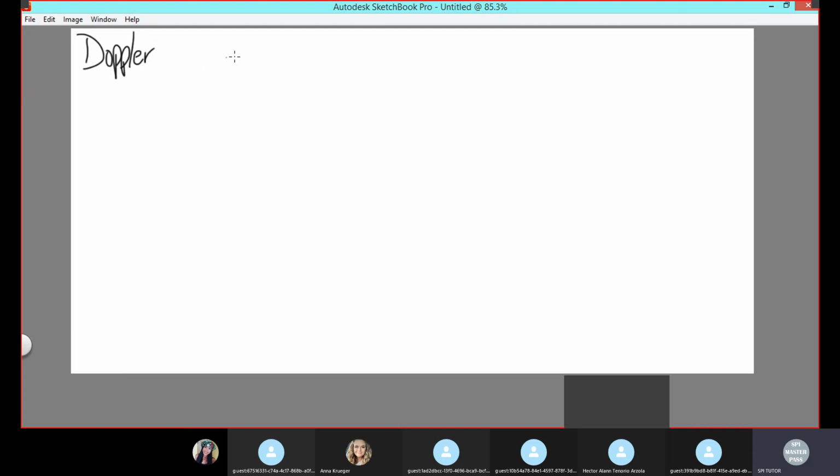So for Doppler, you have something called the Doppler shift or the Doppler frequency. They both mean the same thing. The reason it can also be called Doppler frequency is because the formula has units of frequency in it.